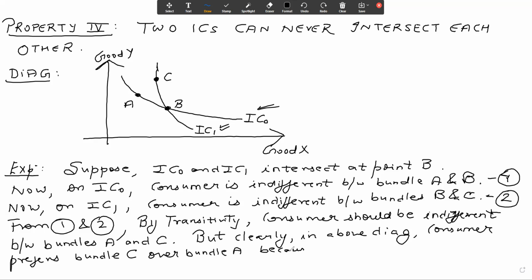Because bundle C consists of more of both the goods compared to bundle A.